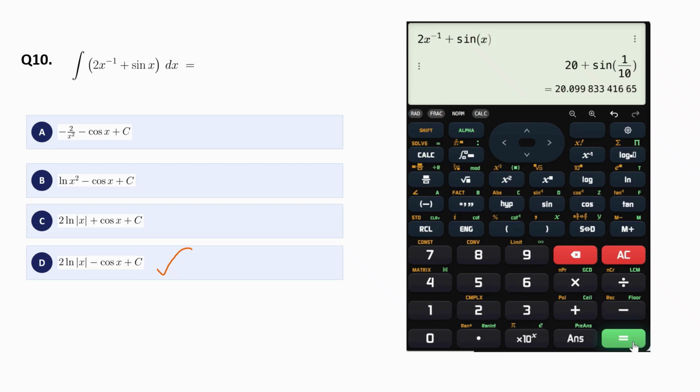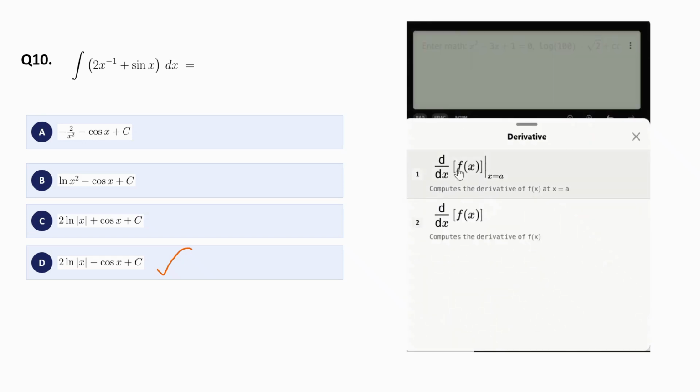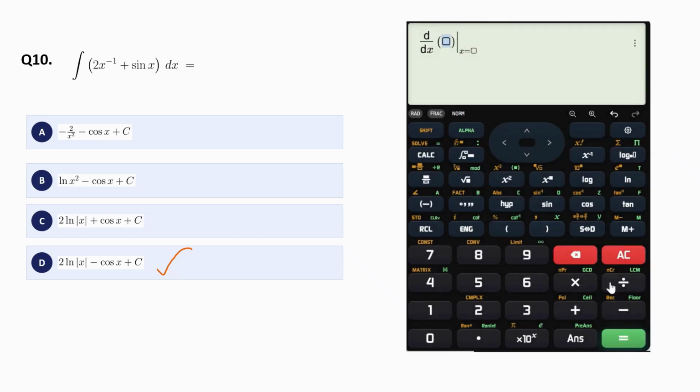Let's go with option A, d over dx of negative 2 over x square minus cos x.